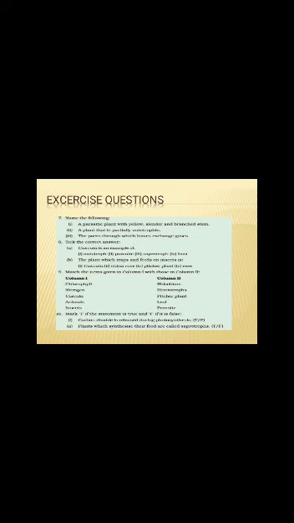Now, 8th question, tick the correct answer. Cuscuta is an example of parasite. B, the plant which traps and feeds on insects is pitcher plant. Now match the following column 1 with those of column 2.